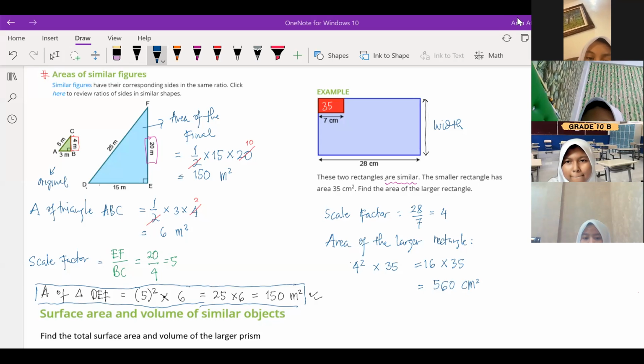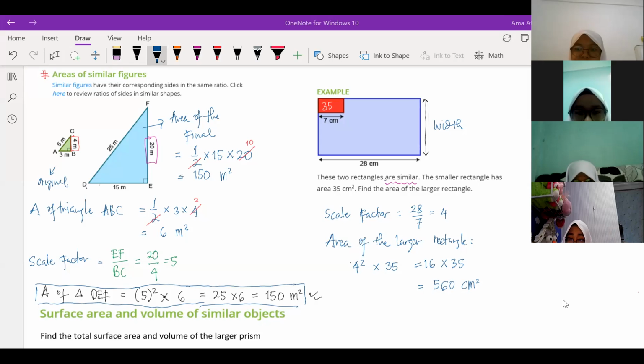Aprilia, Intan, very good. Mostly students can find the area with the scale factor. Don't forget that you need to take the square of the scale factor to find the area.